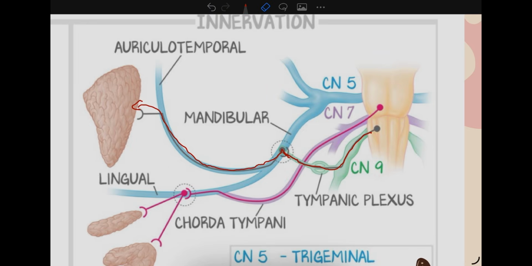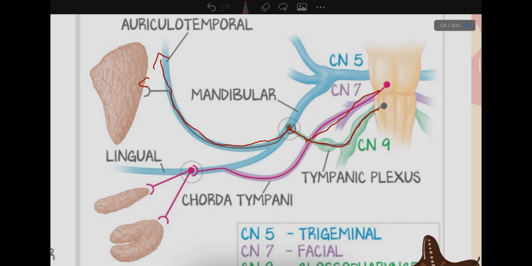You can think of it as if the glossopharyngeal came here and said, okay, trigeminal nerve, you're going to go to the gland anyway, because you give the sensory innervation. Why don't you take me with you? So it sends its fibers through the branch of the trigeminal nerve. And so does the facial nerve: same idea, but with the sublingual and submandibular glands.